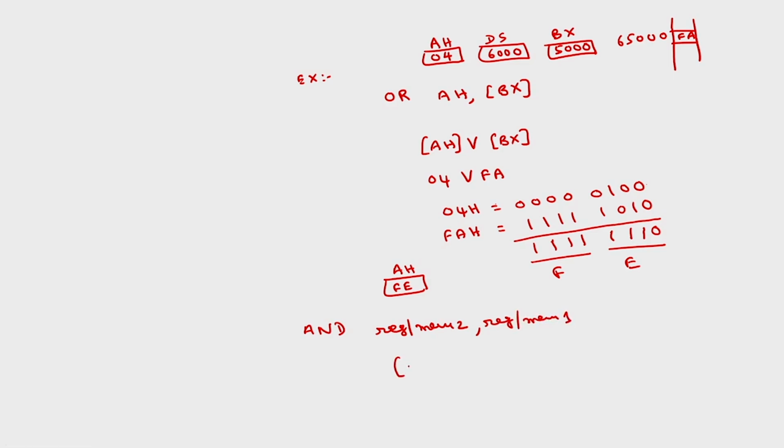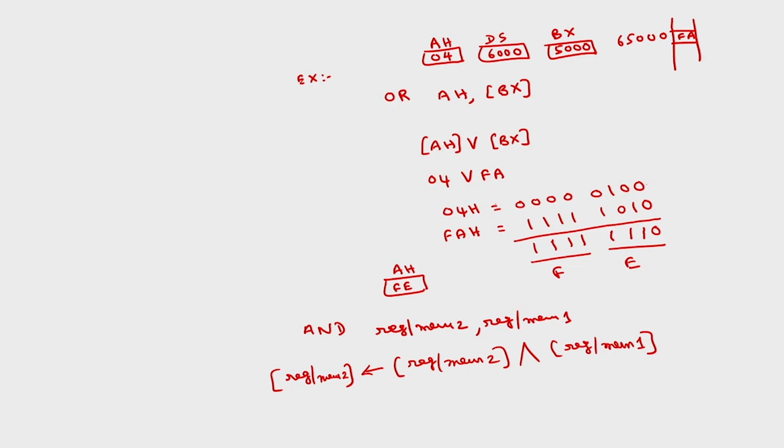So, basically register slash memory 2 is logically ANDed with register slash memory 1, and result is stored back to register slash memory 2. No need to give the example here. This is exactly similar to this OR operation, except that here instead of OR operation, AND operation will be performed.